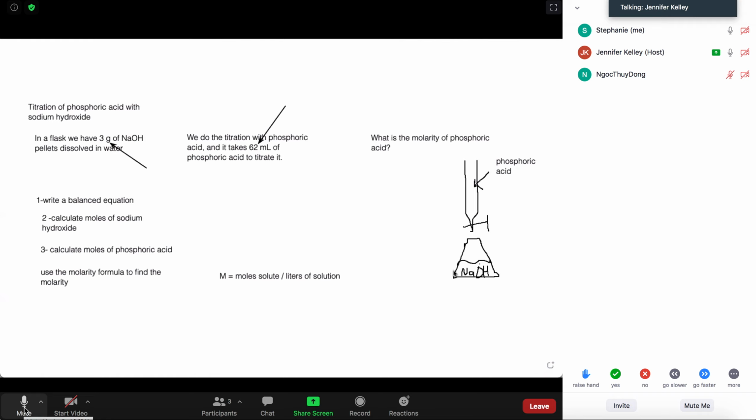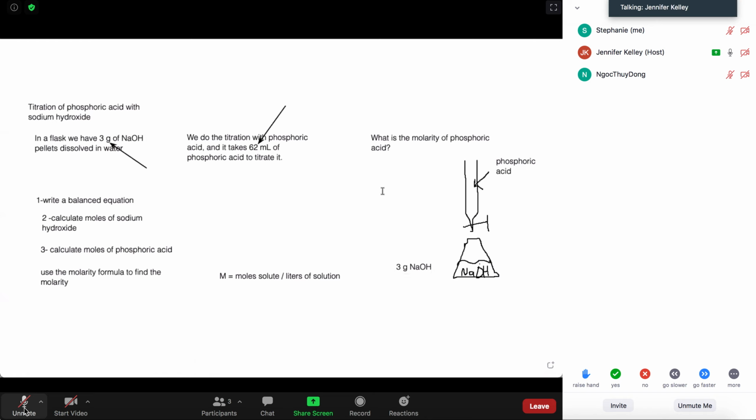So we can calculate how many moles of sodium hydroxide because we know how many grams we have. It's going to be 3 grams. It doesn't matter how much water we have in there because we just want to know when we've done a mole-to-mole match.